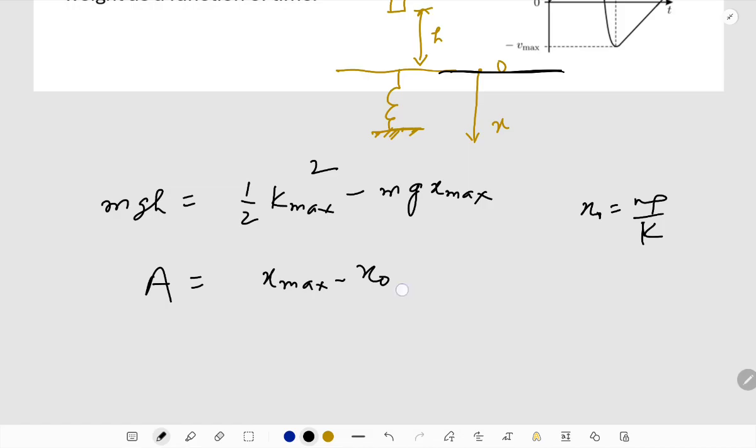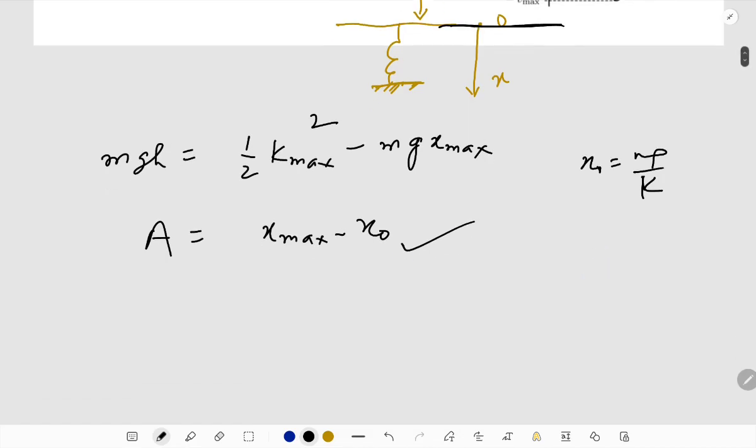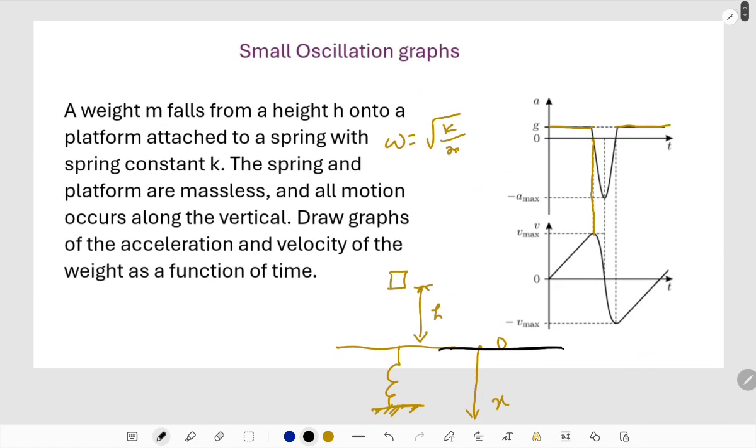You can find it as well, and accordingly you can find a max, that will be simply omega square a, and the maximum speed of the object, v max, will be omega a, and you can get all those values if you want to. The graph you can see here, it's simply this. Try to focus on the graph and learn this.